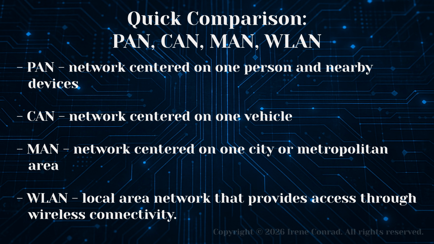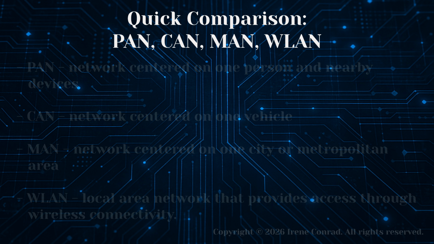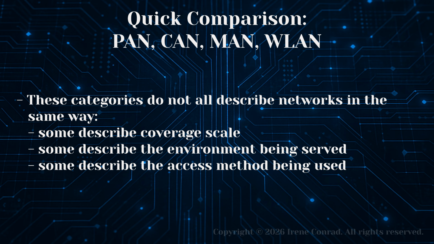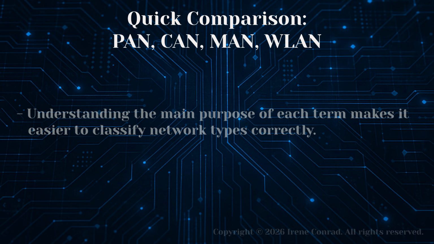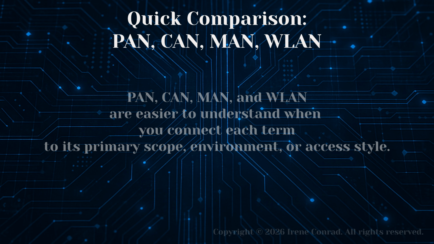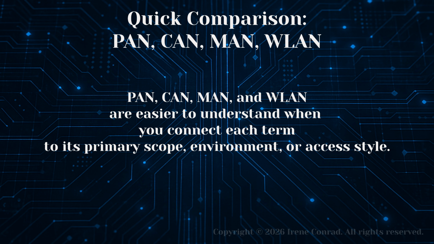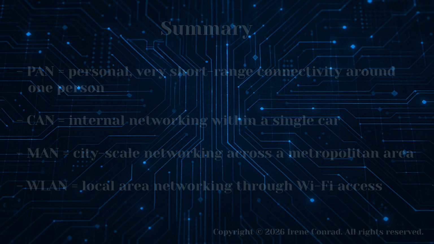WLAN, or wireless local area network, is a local network using wireless access. Notice what changes from one to the next. Sometimes the category is about scale, and sometimes it is about the type of environment being served. That is why these names can feel strange at first, but once you connect each one to its main picture, they become much easier to sort out.